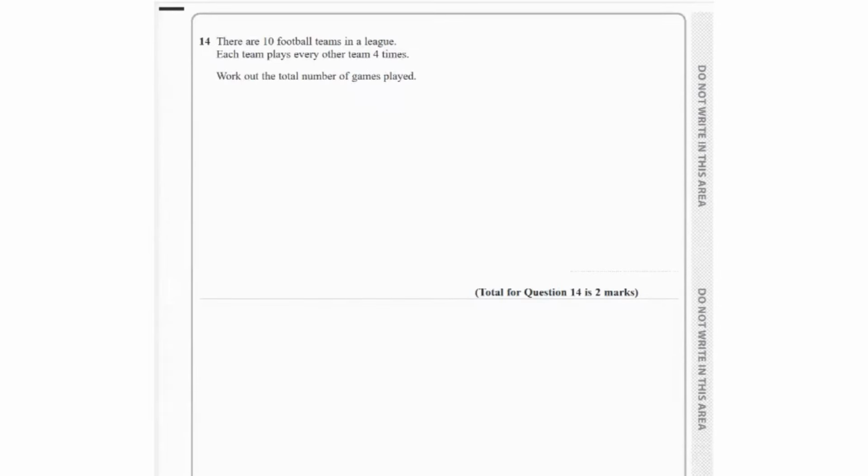Then there are 10 football teams in a league. Each team plays every other team 4 times. Work out the number of games played. So the question says that there are 10 football teams in a league. If team A is playing against team B, as in counting, we are looking at it like probability.